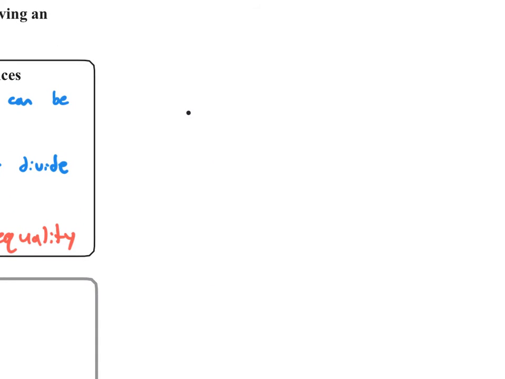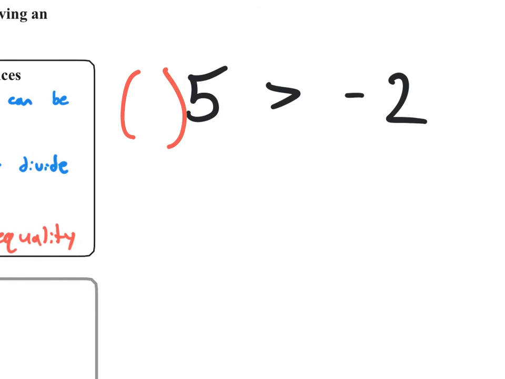If I say 5 is greater than -2, right? 5 is greater than -2. But if I go ahead and I introduce multiplication of -1 on both sides, and that is valid because what I did on one side I did to the other, I now get -5 and +2.